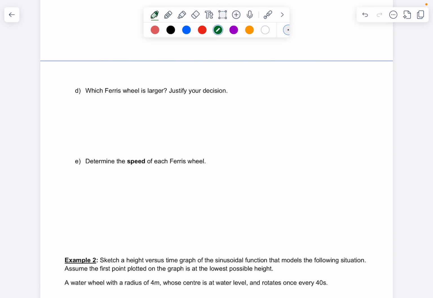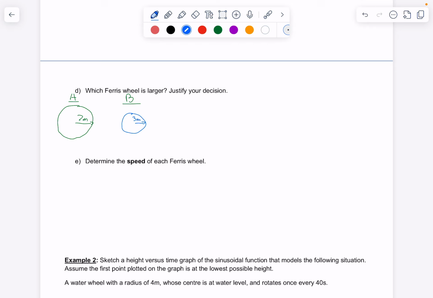So essentially we're saying, okay, well, I have a circle that has a radius of 7 meters. That's your Ferris wheel A. And then I have a circle, I'll do it in blue because I've been doing B in blue, with a radius of 3 meters. So visually, you can even just look at it. Which Ferris wheel is larger?